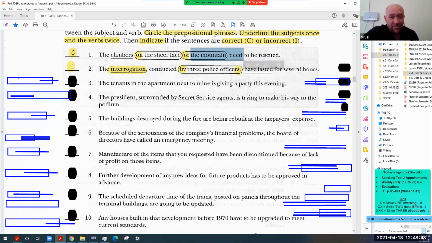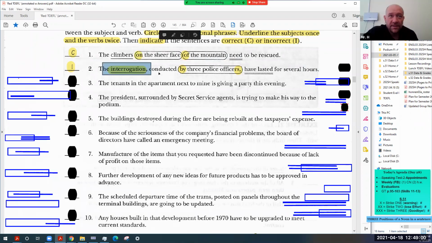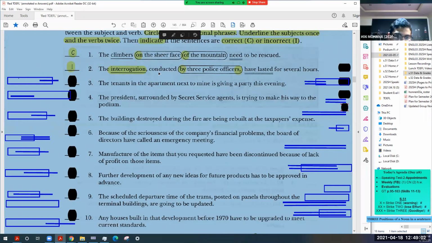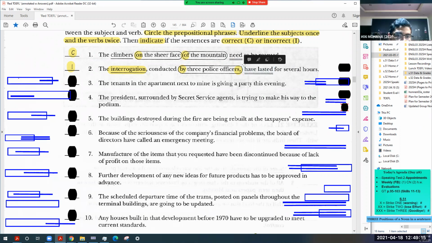Mohana, can you explain number 2? Don't read it, just explain it. The interrogation is the subject. That's right. And where's the verb? Have listed. Yeah, here's your verb. And it doesn't match, because interrogation is singular and have is plural.